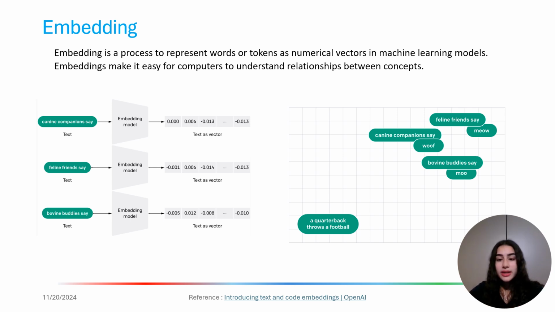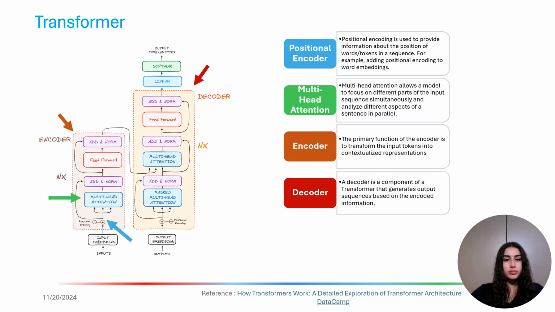For example, here if you read, canine companion, say, is being embedded into wolf, or feline friend, say, is being embedded into meow. So far we know that the input value became tokenized, then we embedded each part to convert it into vectors. Now these vectors are going to be applied to inputs of transformers.